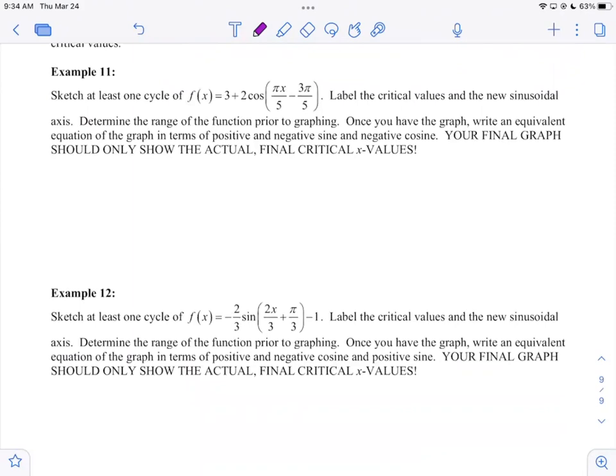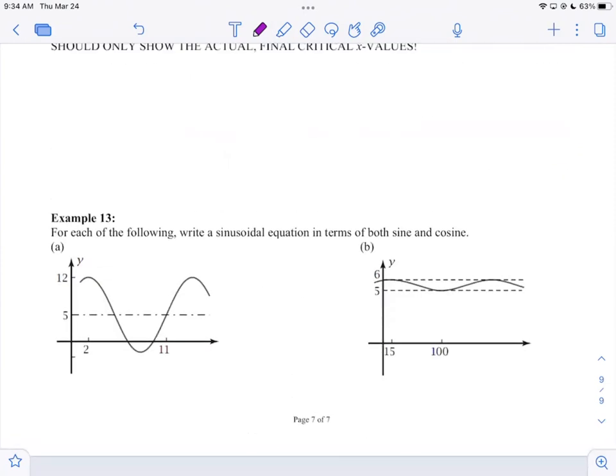But what's going to happen on 11 and 12 is when we do our phase shift, one's cosine, one's sine. So it's really similar, just extra practice. We're going to have a phase shift that doesn't land on the same marks. In other words, we're going to have to make fresh critical value marks. And that's where the sacrificial or rough draft axis becomes increasingly important. Okay, so we'll do that tomorrow.